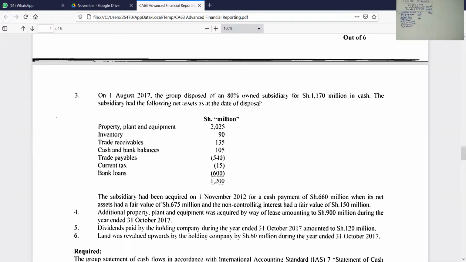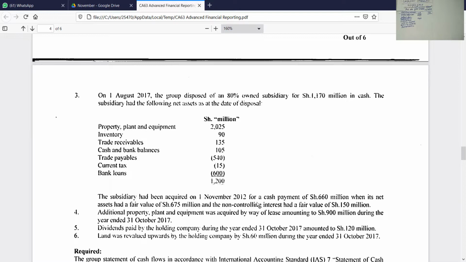What does this imply? In this scenario, we have to compute the goodwill of this subsidiary which was disposed. Even if it was disposed in August 2017, as told in Note 3, we have to compute it as at the time it was acquired, 1st November 2012.